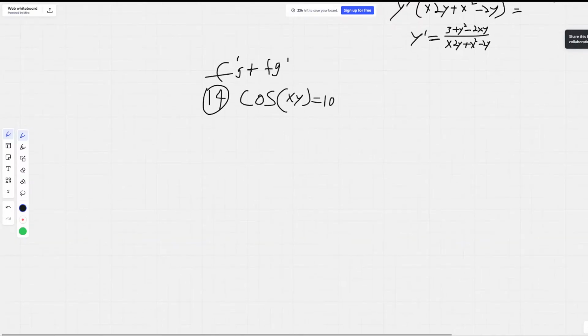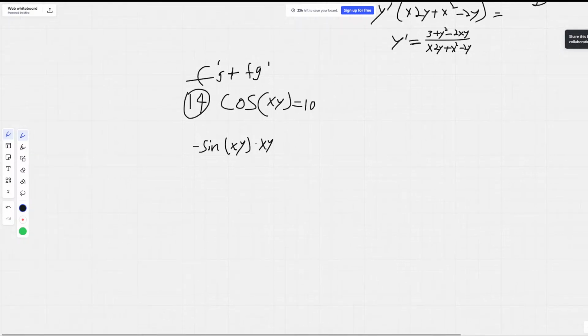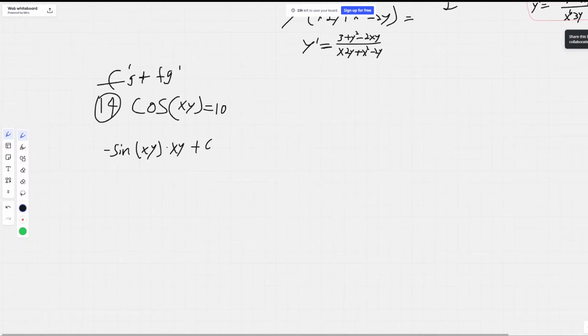The derivative of cosine will be negative sine of xy, times xy, because that is the g in the situation, plus cosine of xy times the derivative of xy.